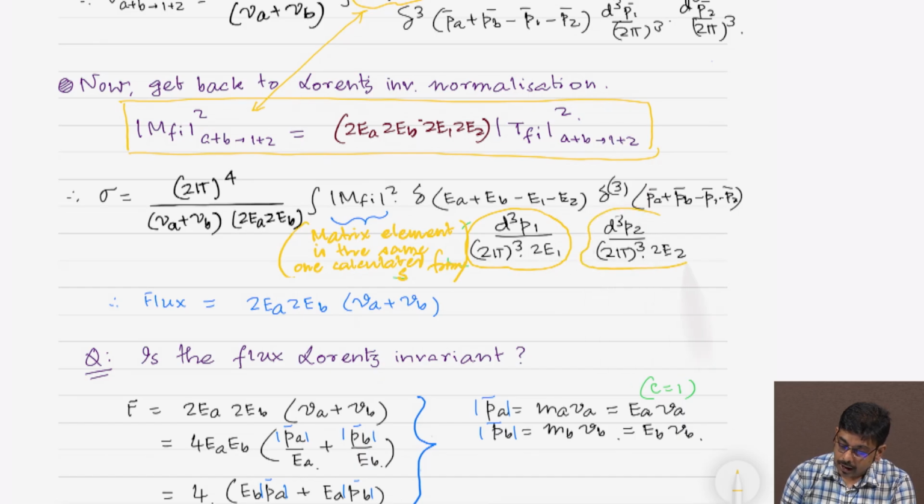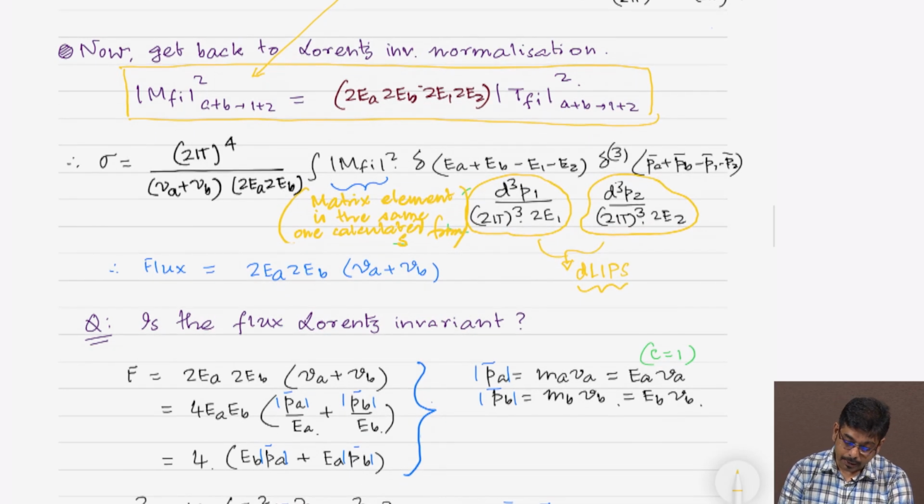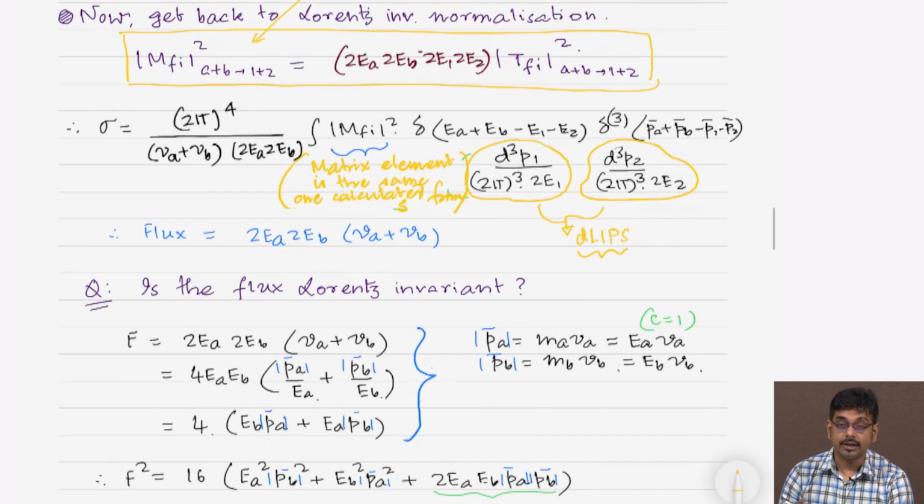And you remember very well that these are the expressions of what we called the Lorentz invariant phase space. This is called d LIPS, the Lorentz invariant phase space expressions, and MFI square is the matrix element which you can calculate from the S matrix for a particular process, and which we are going to do.